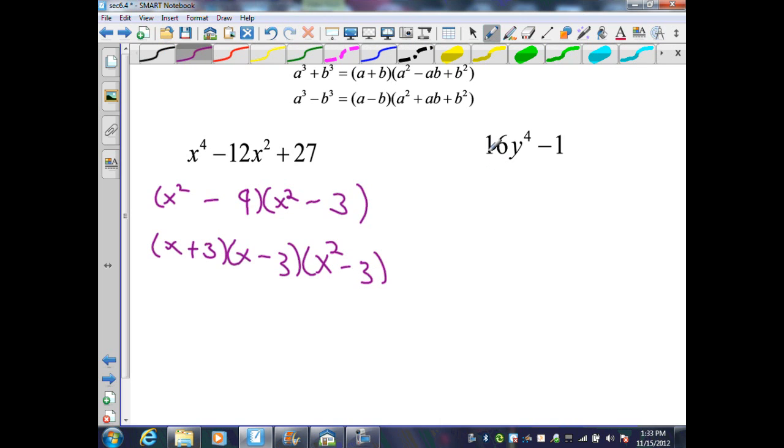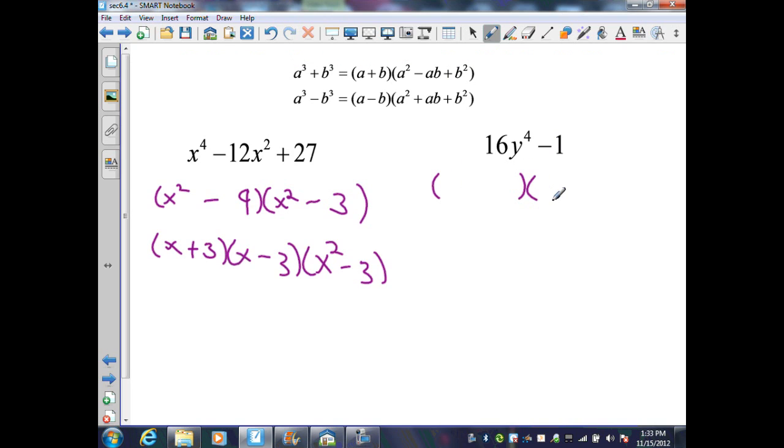My next example on this slide is a difference of squares. It's a binomial, and each term is a perfect square. Therefore, I'm going to break that into two sets of parentheses. Take the square root of the first term, which is going to give me 4y squared and 4y squared. And my second term, again, is a perfect square. That's going to be a plus 1 and a minus 1. Now I'm going to bring down my first term.